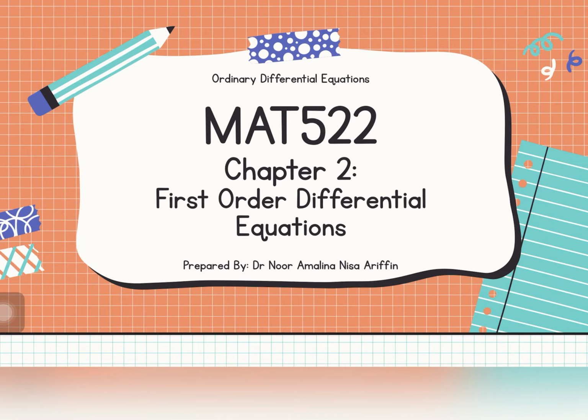And then the second condition is there is no product between the dependent variable and its derivative. And the third condition is there is no non-linear function of the dependent variable. So we have seen how to identify whether our differential equation is linear or non-linear.